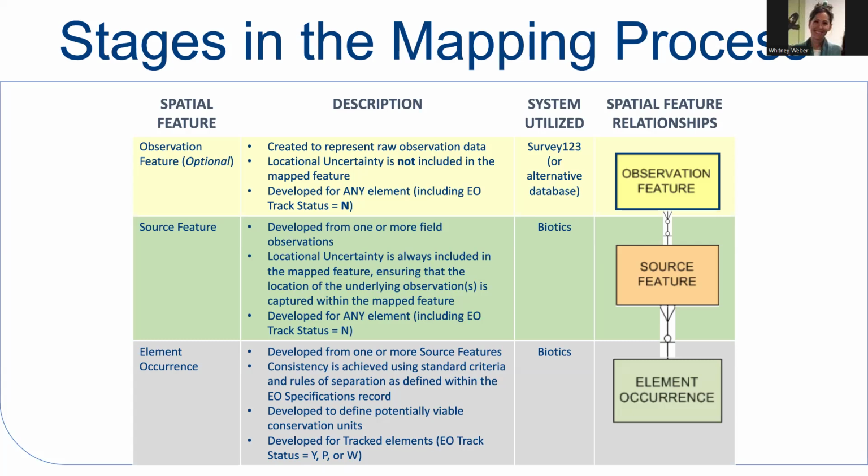They are developed to define potentially viable conservation units and for tracked elements only. So EO track status is Y for yes, it's tracked, partially tracked, or on a watch list. In contrast, observations and source features can be recorded for non-tracked species.